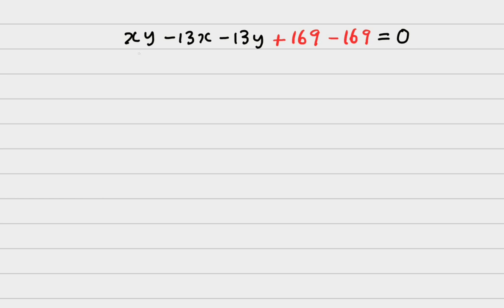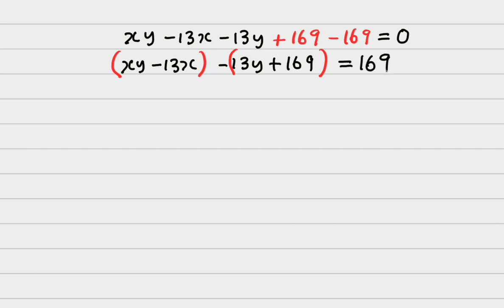See, picking these two, I have xy minus 13x. Now, let me have these two: minus 13y plus 169. Then let's say this will now be equal to 169.